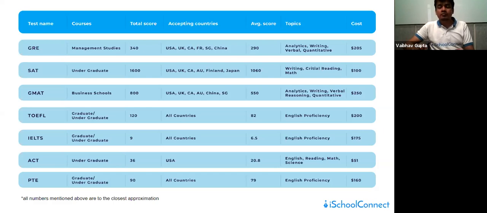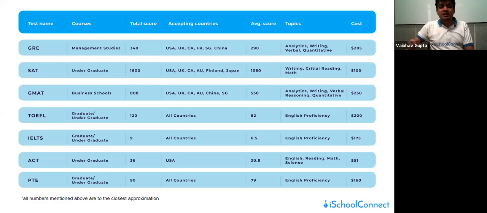Typically, you should score above 90 to clear that benchmark. IELTS is split into several bands, and they score out of 9. Typically, an average student should score upwards of 6.5 to clear that benchmark.